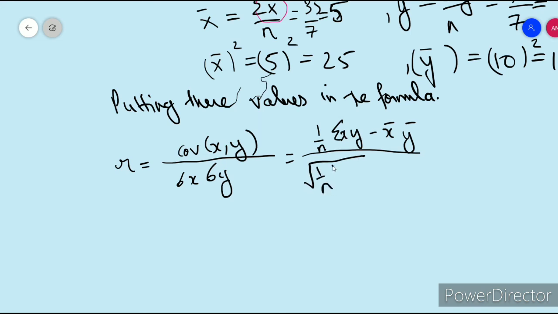Remember, the standard deviation is the square root of the variance. So we have already found out these values, we'll just substitute them in the formula.